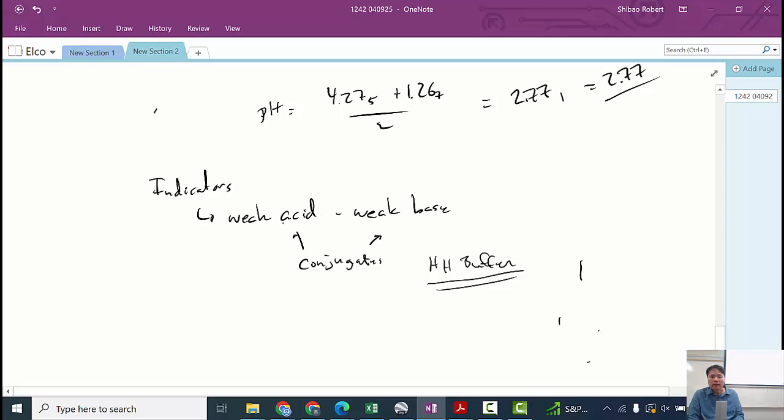But there's one more criterion. The weak acid has to be a different color than the weak base. So there's got to be an acid color and there's got to be a base color.